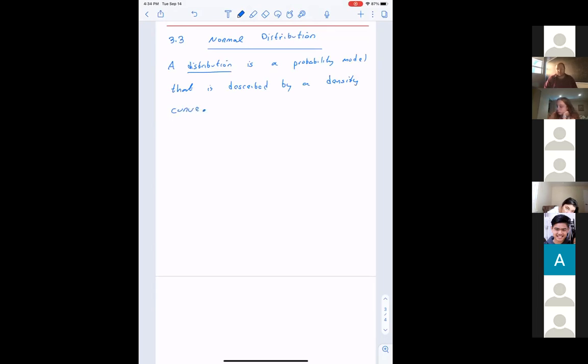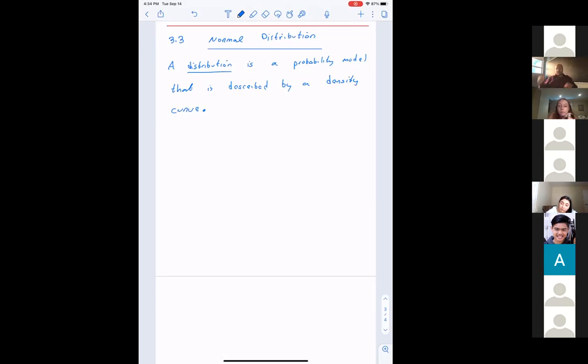So when we talk about a distribution, we're basically saying, if I give you a density curve, i.e. the area underneath it is 1 and it's never negative, then that is representing a distribution. And it can be the normal distribution, the geometric, the chi-square, the Poisson, the hypergeometric, the negative binomial, the student's t.